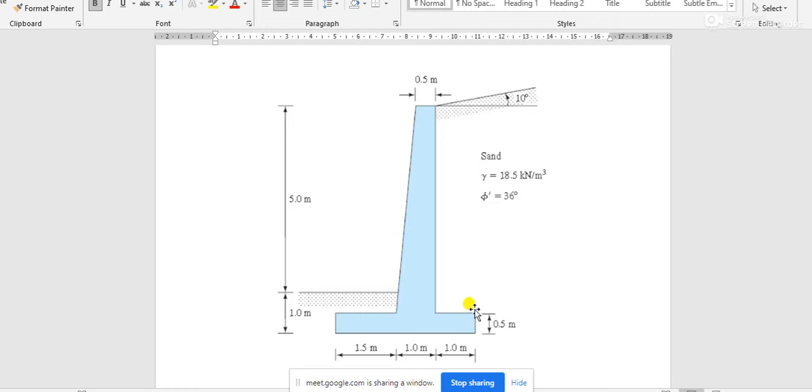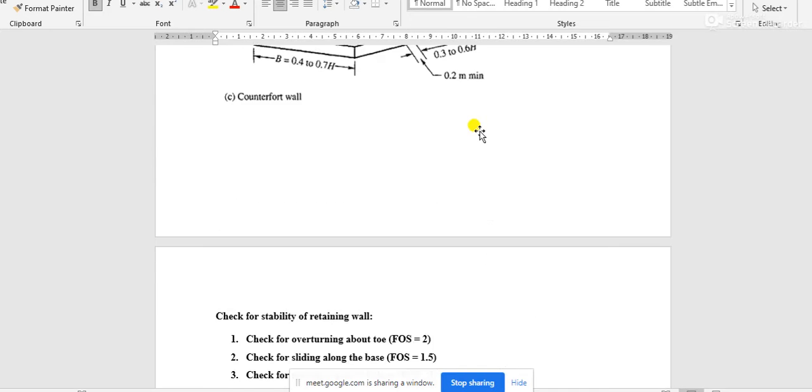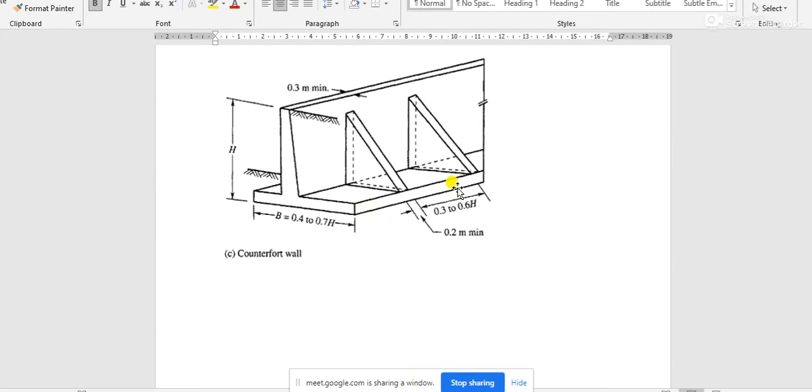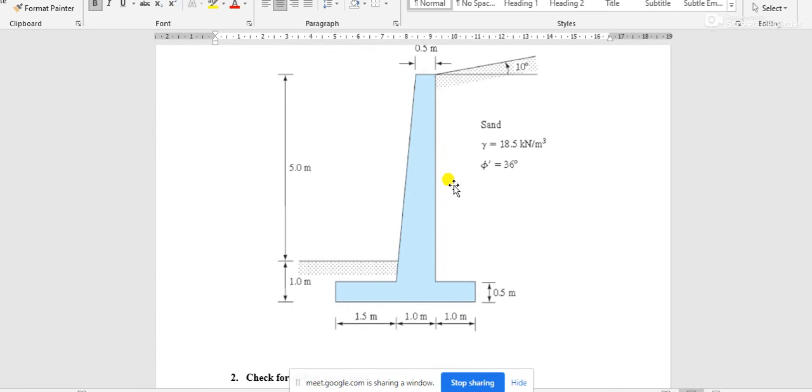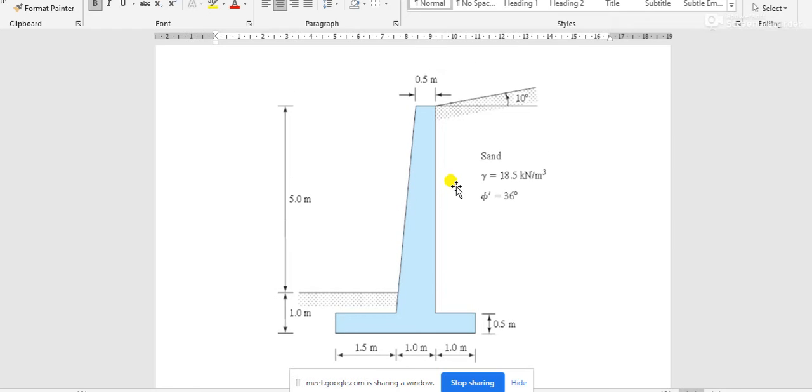Now, we can assume L is unit, that means we are considering unit length of the retaining wall, for the sake of the easiness of the calculation. Then all the terms of L will be eliminated, and only the area multiplied by unit weight will be the weight of this part of the retaining wall.